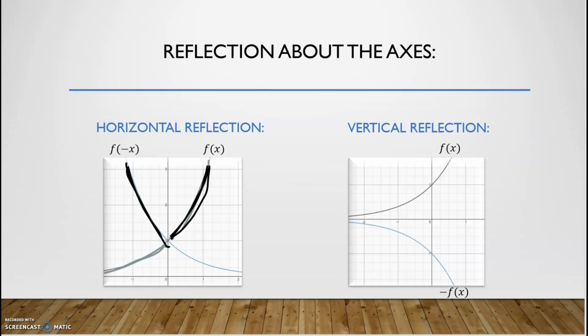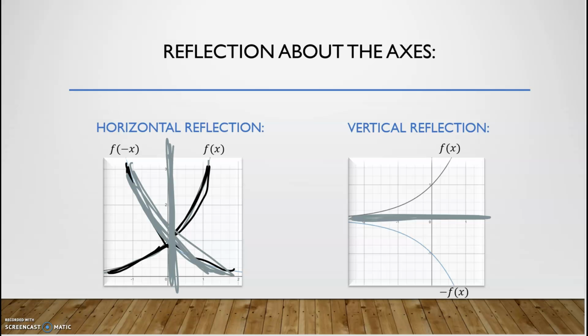Okay? The ones that were negative in our original function right here, well, now they become positive. Okay, so now we have this new function right here that is reflected horizontally over this y-axis. Okay, so this one's over the x-axis, this one over here is over the y-axis.